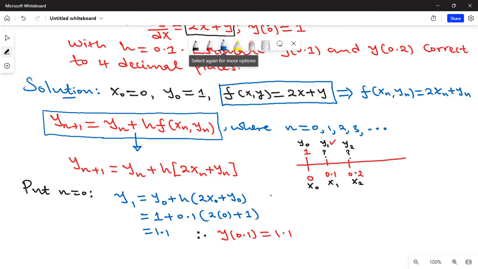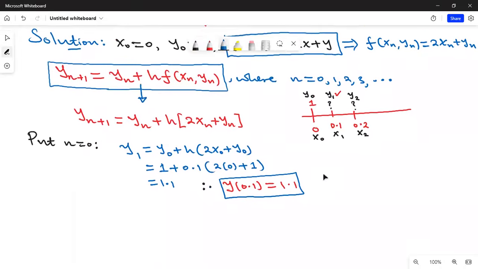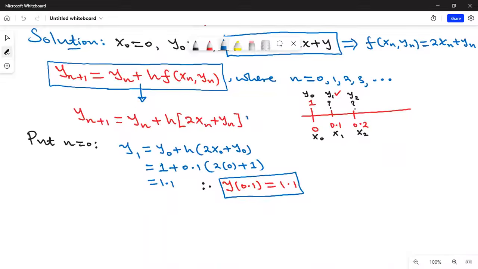Now we need to find the value of y2, which is y when x is 0.2. So let me bracket this. Now for you to find y2, you need to substitute n is equal to 1 in this iterative formula. So you can write, put n is equal to 1. Now what are you going to get? You're going to get y2 is equal to y1 plus h into (2x1 plus y1).